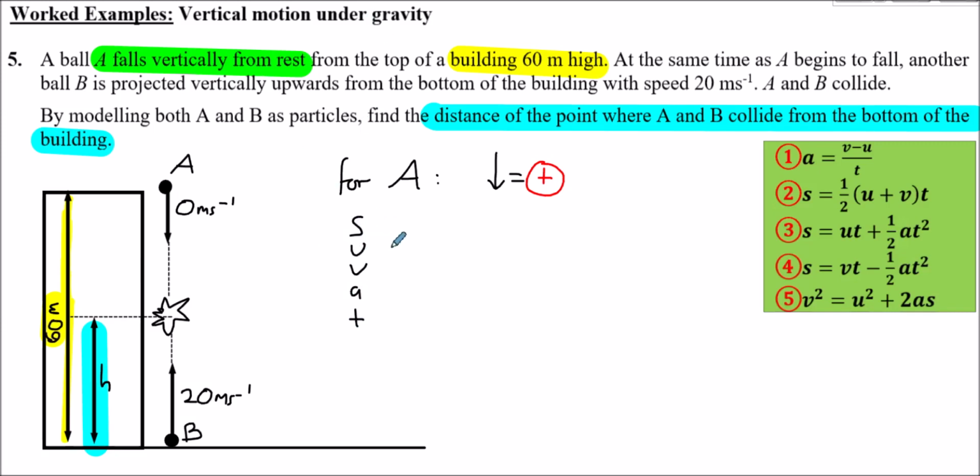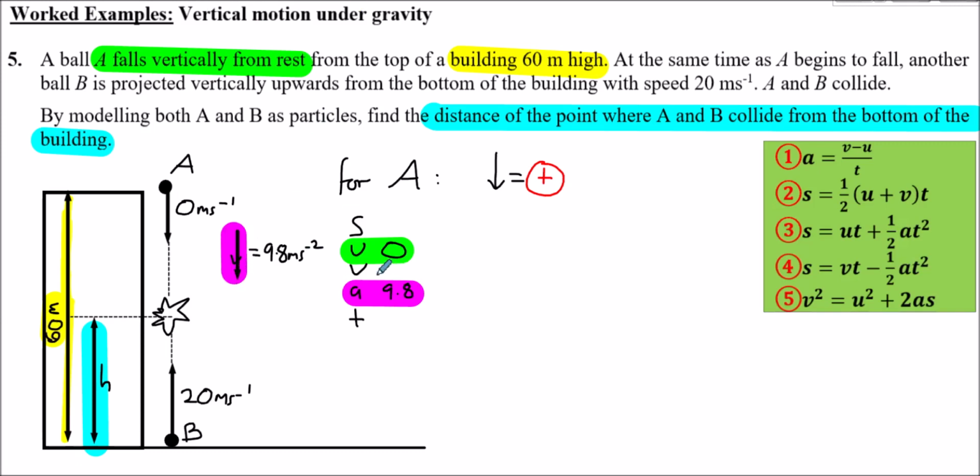So for A, initial speed is 0, so we can add this in. Now the acceleration for A is 9.8. It's going to go downwards after being from rest. So the acceleration due to gravity, which is going downwards, is in the same direction as we're taking to be positive, at least for particle A.